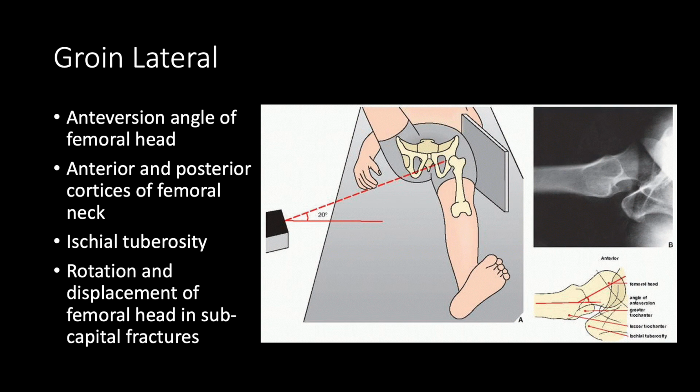You see it's angled at about 20 degrees from the perpendicular here, or parallel to the ischial tuberosities here. So it's about a 20 degree angle with one leg up and the film placed on the outside of the hip here. So you get this type of view. So you can kind of look at the angle here of the femur, and you get a really good view of some of the ischial tuberosity.